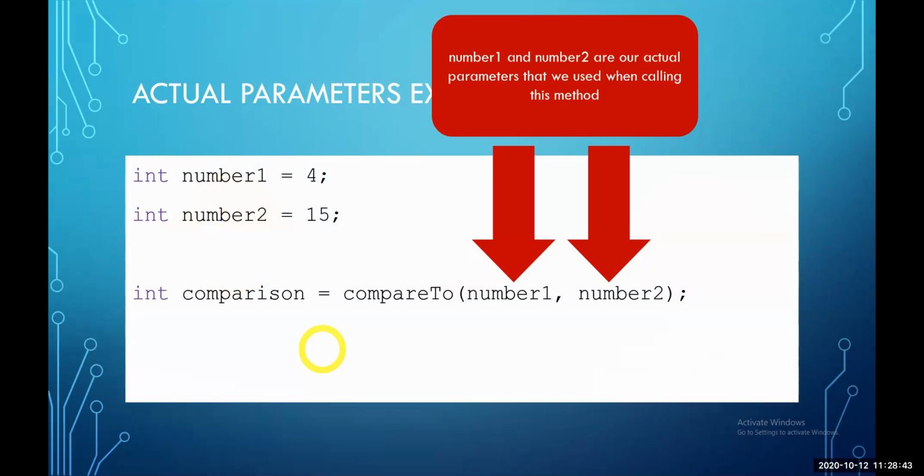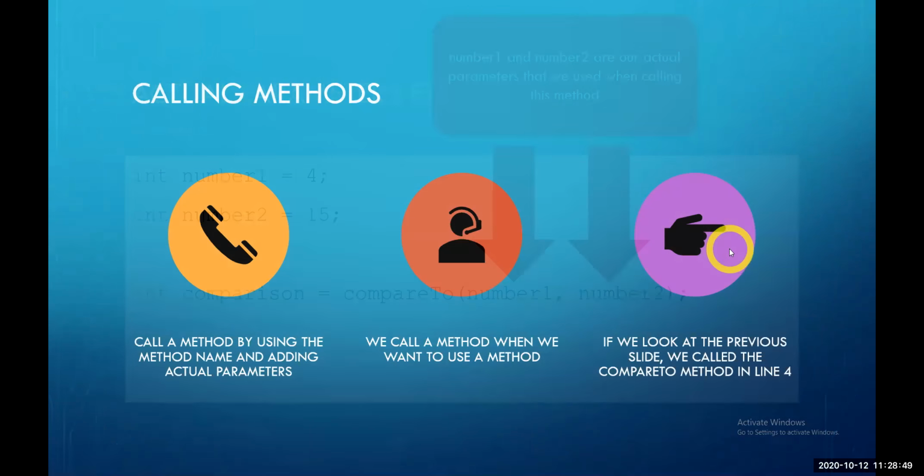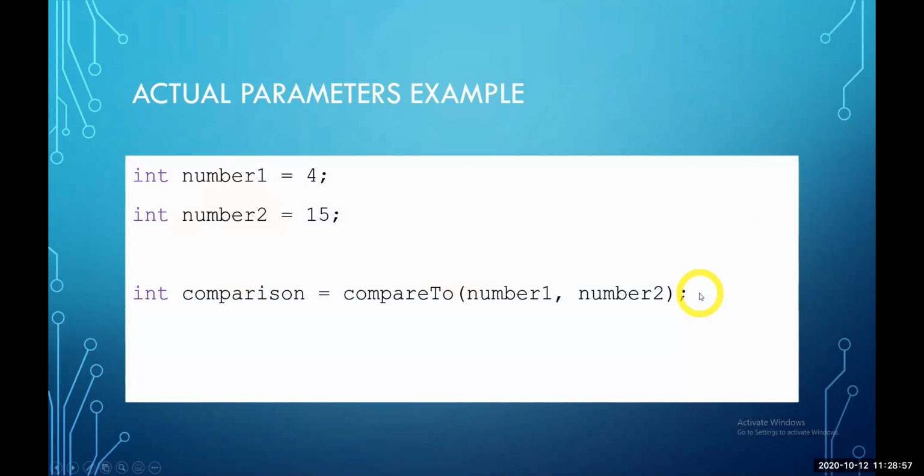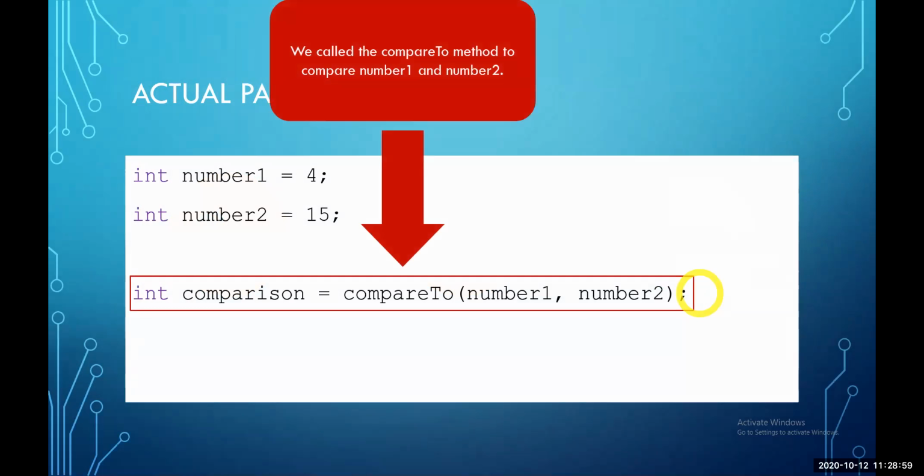We use the name compareTo, and we pass in our actual parameters. We call a method when we want to use it. If we look at the previous slide, we called our method on this line: comparison equals compareTo number1, number2.